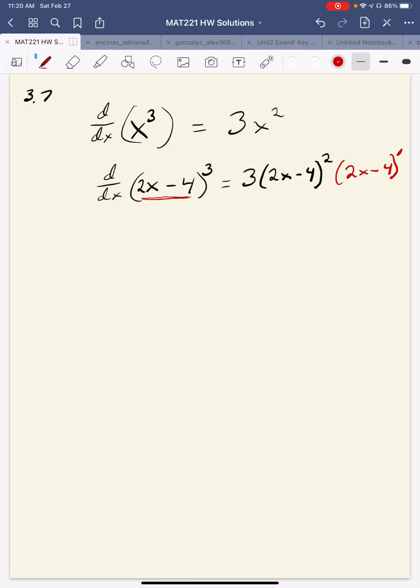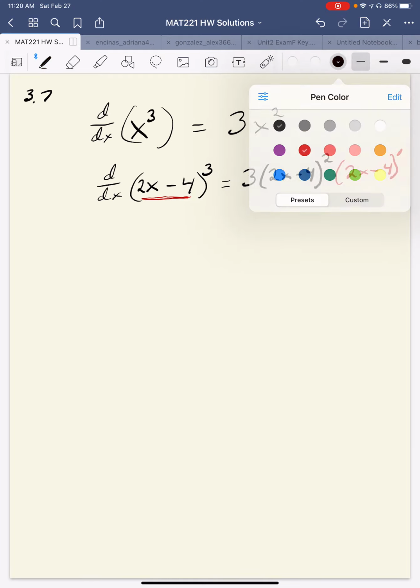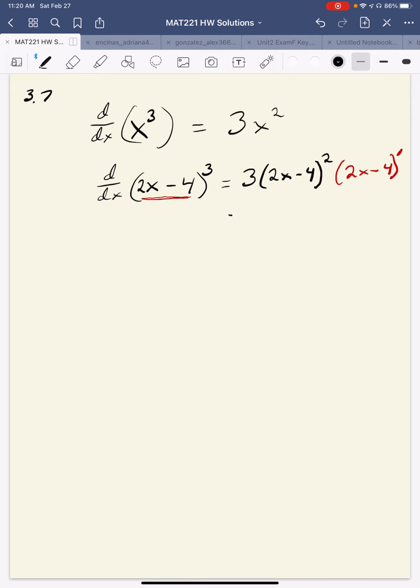In the end, because of the chain rule and because I'm taking the derivative with respect to x and not with respect to 2x minus 4, I end up with 3 times (2x minus 4) squared, multiplied by the derivative of 2x minus 4, which is simply 2. Simplified, that gives me 6 times (2x minus 4) squared.